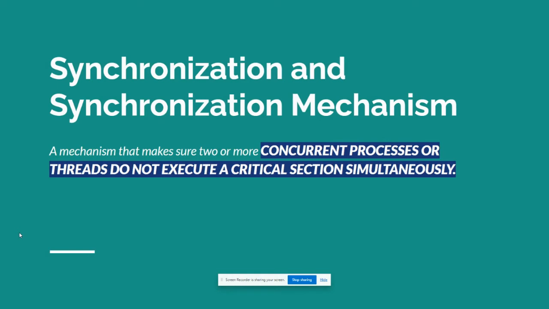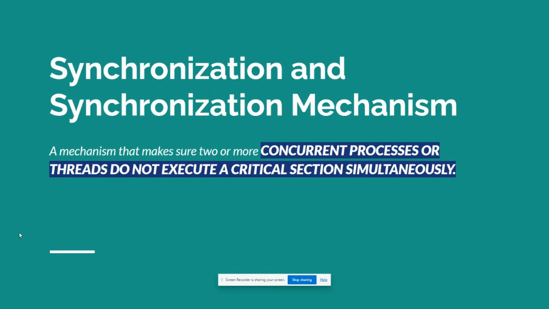A synchronization mechanism is a mechanism that makes sure two or more concurrent processes or threads do not execute a critical section simultaneously. In the case of the banking account example, the concurrent processes or threads might be thread A and thread B, which were separately executing the two transactions. So what this says is these two threads should not be able to execute a critical section simultaneously.